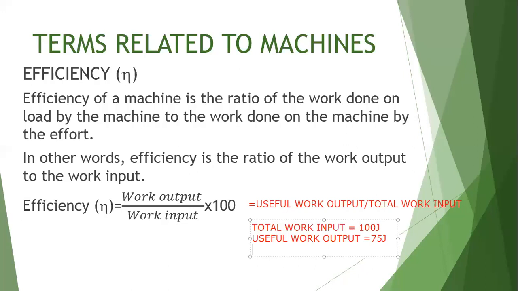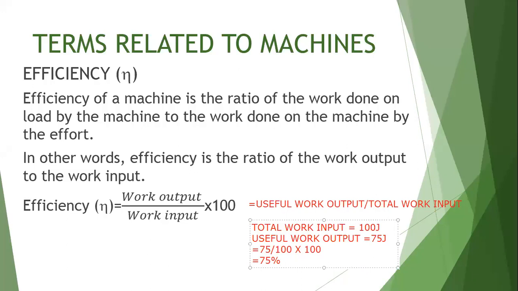In this case, the answer will come out to be 75 divided by 100 into 100, and you will get that the efficiency of the machine is 75%. Now, what is the meaning of this? The efficiency of the machine is 75%.